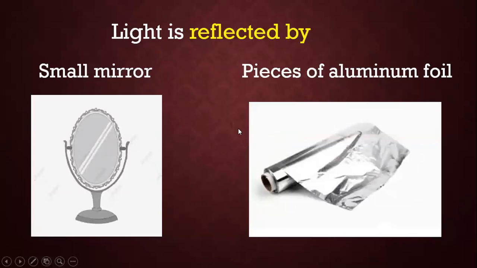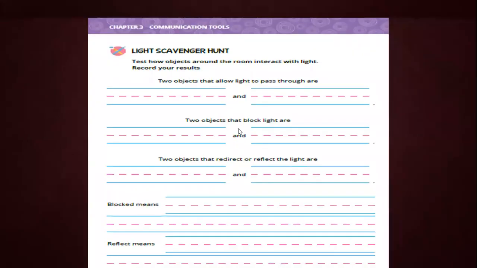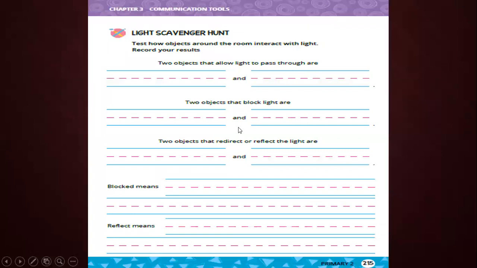Now, open your book, page 215, to test how objects around the room interact with light. Let's write together two objects that allow light to pass through. Do you remember? Excellent. Window and eyeglasses.